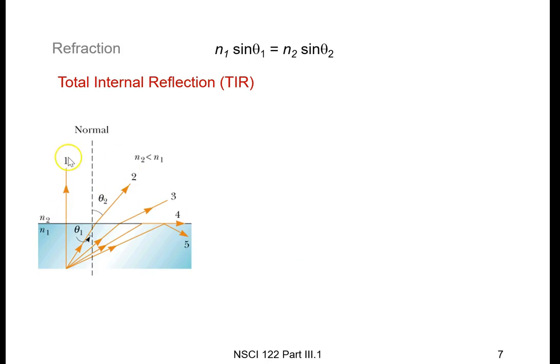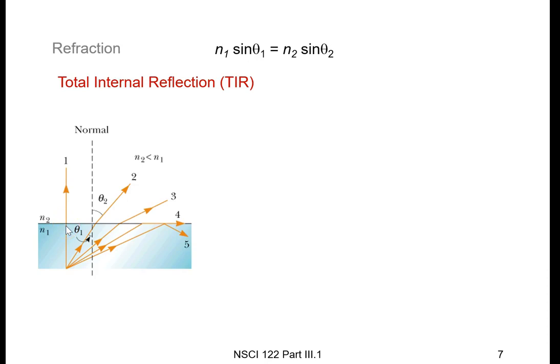Okay, so if you look at ray 1, the ray is going straight up in this material with index N1. Now, if I were to draw the surface normal for that ray, it would also be a vertical line. Right? In fact, here's a surface normal drawn for ray 2. So all the surface normals for these rays would be these dashed vertical lines. Well, for ray 1, that means the angle of incidence is 0.